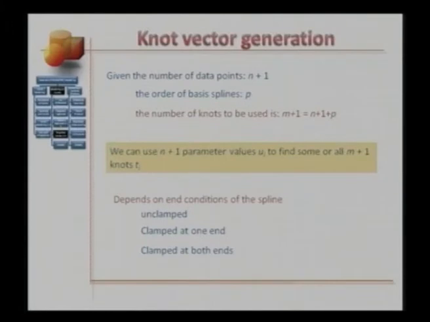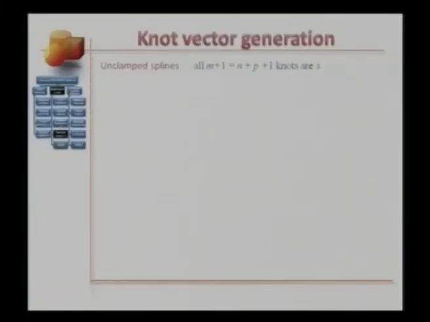Let's take these cases one by one. Let's consider the unclamped splines first. Here, we all know that the n plus p plus 1 knots are all simple knots.